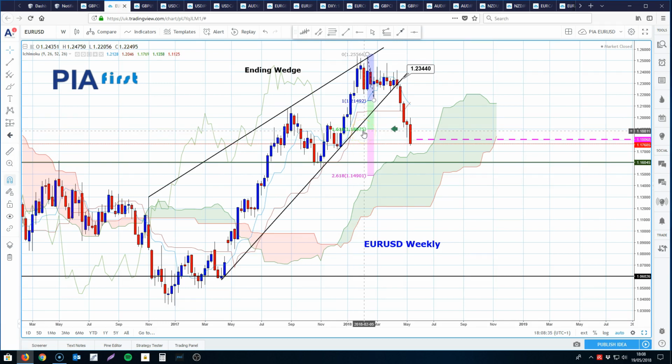So over the medium term, we're really looking for a move down towards this area, which is the swing low from November 2017, which comes in at 115.54, and then this 261.8% extension at 114.90.